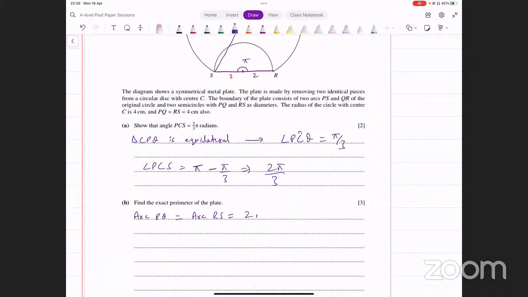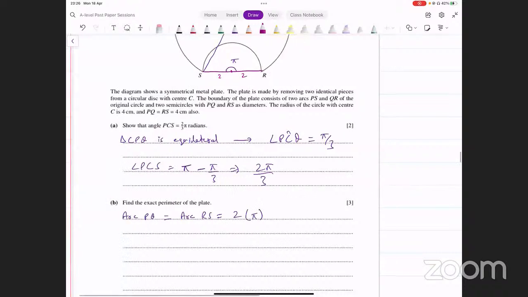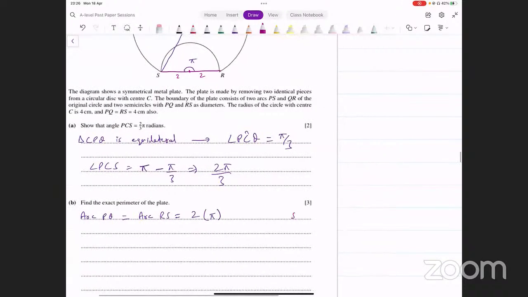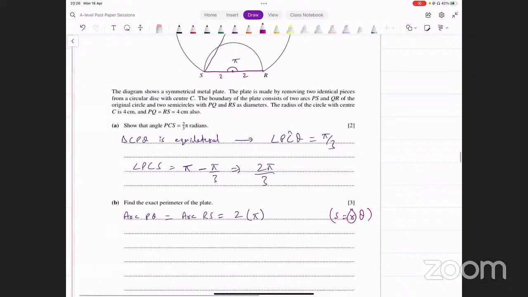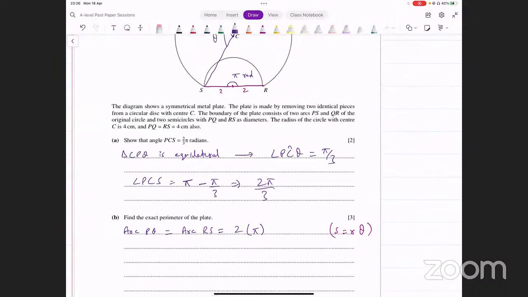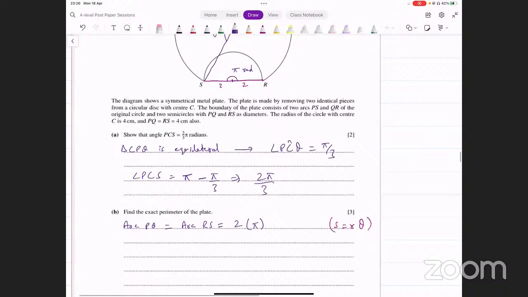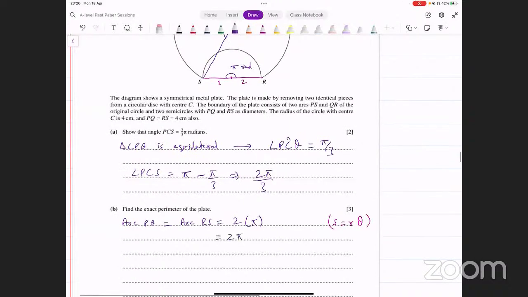That's the arc length for this. ये हम कहाँ से कैसे लिख रहे हैं? We're using the formula S equals R times theta. Arc length equals radius. Radius क्या है semicircle का? Radius is 2 into the angle. Angle is pi radian. Semicircle के अंदर angle pi radians होता है. So this is the arc length for PQ and RS. दोनों आपकी 2 pi आपकी arc length है. ठीक है? ये दोनों arcs आ गई.